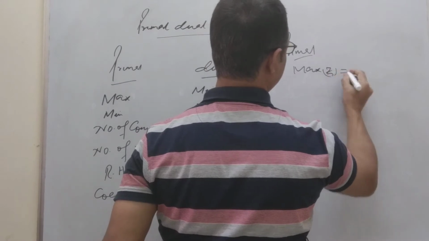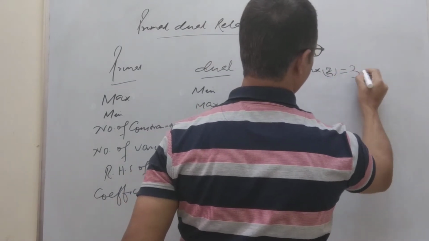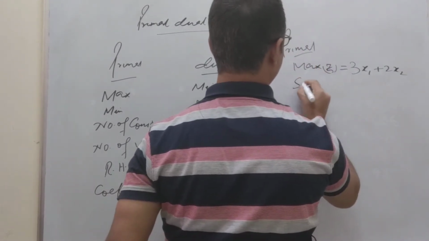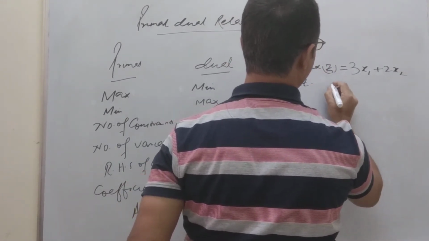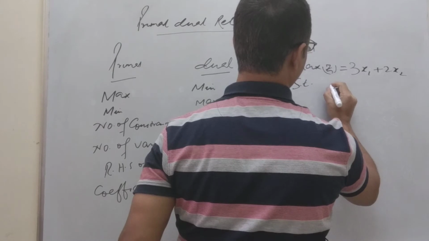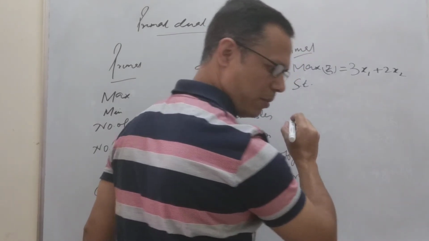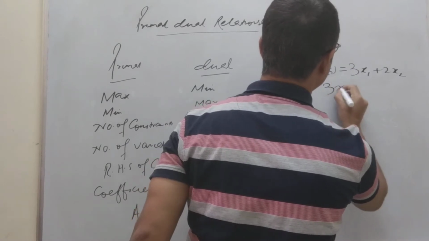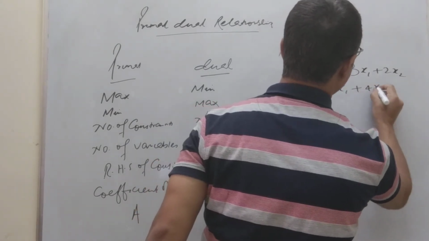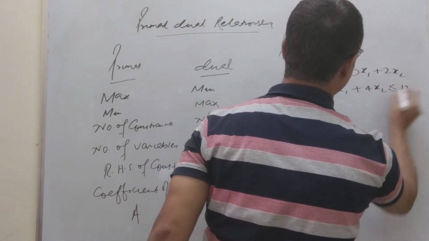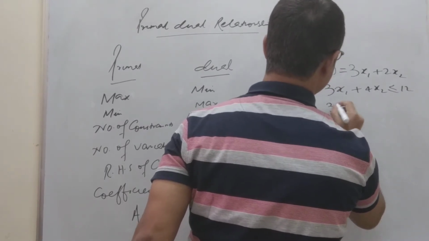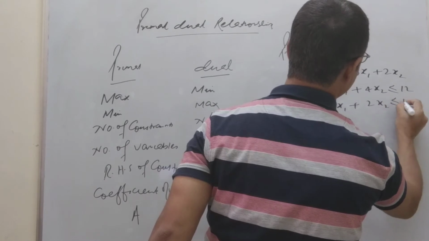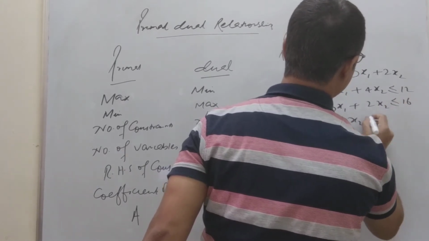Max z is equal to 3x1 plus 2x2 subject to, whatever question we may take, any question. 3x1 plus 4x2 less than equal to 12, and another constraint can be 3x1 plus 2x2 less than equal to 16, and x2 less than equal to 3.